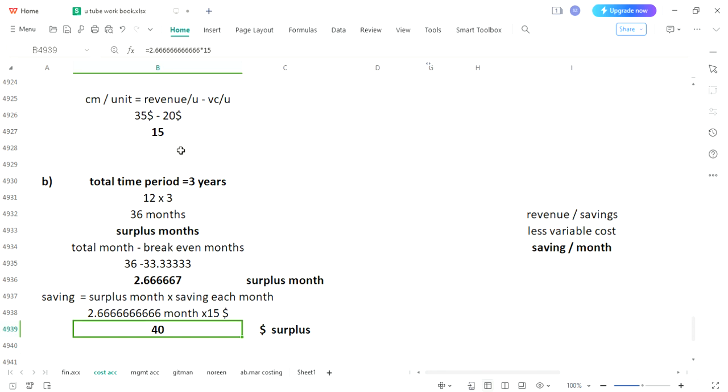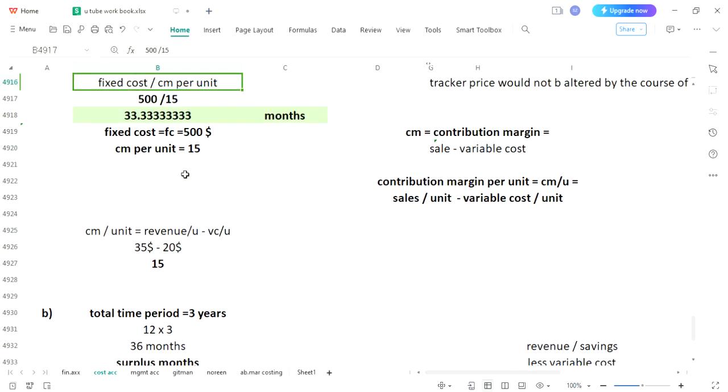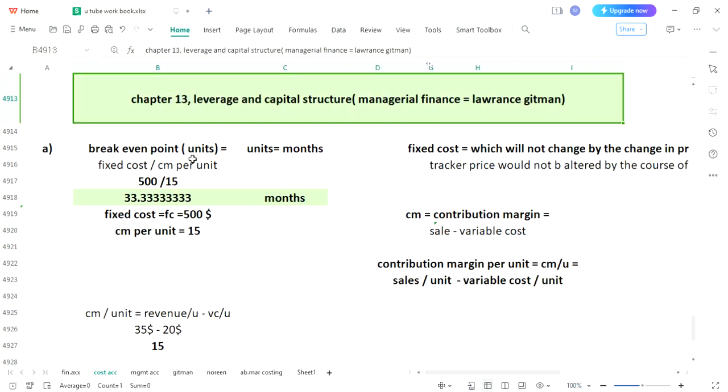So what is happening? For that, again, you must have a good concept of break even in terms of unit. This answer, 33.33 months, is showing that his total cost of 500 would be recovered in 33 months. At this stage, all costs would be recovered and profit or earning or revenue or saving would be equalized to its cost.